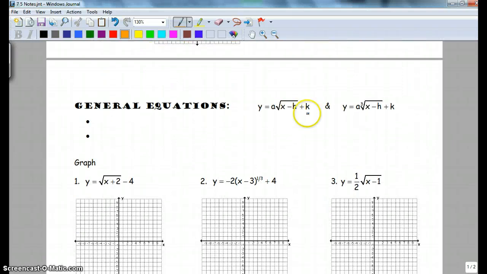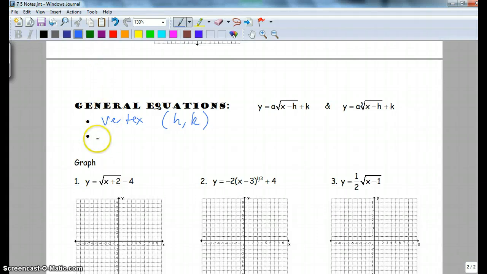All right, so the general equations of square roots and cube roots. The vertex is going to be at h comma k, just like it's always been. Now remember, h is the opposite of what you think. k is what you think.